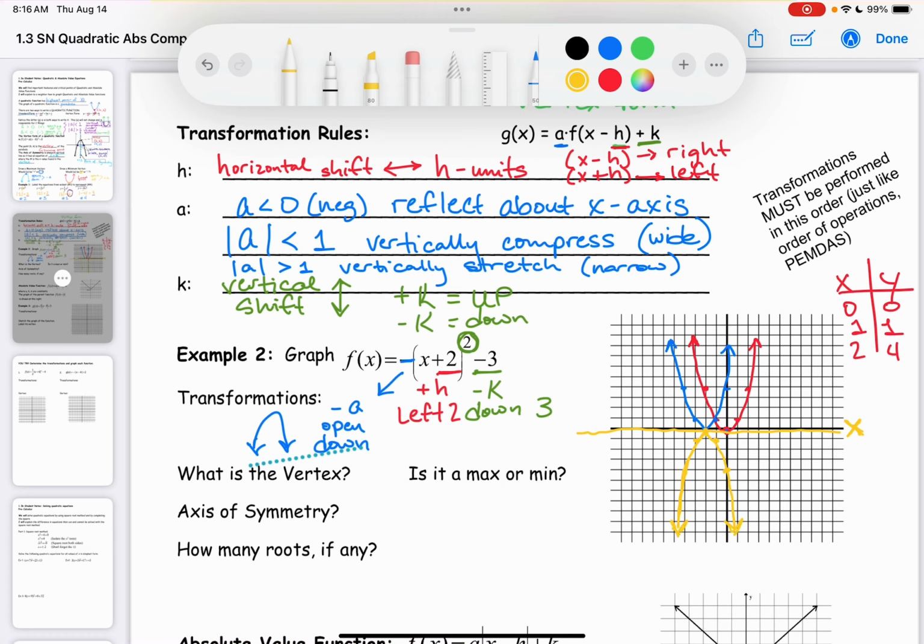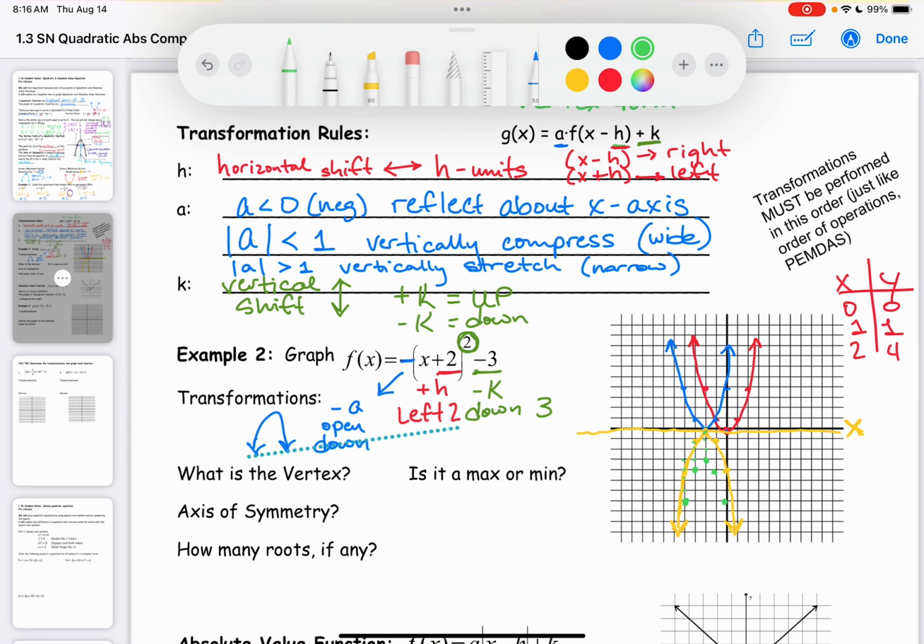And then the last thing is a vertical shift, and this graph needs to go down 3. So I'm going to take the origin, or the vertex, and move it down 1, 2, 3. And then I'm going to take all my points and move them down 1, 2, 3. And I'm going to do that again. 1, 2, 1, 2, 3, 4.